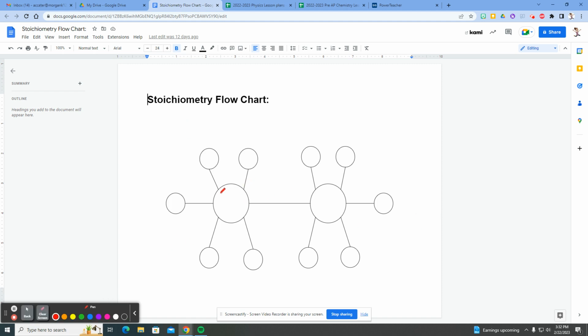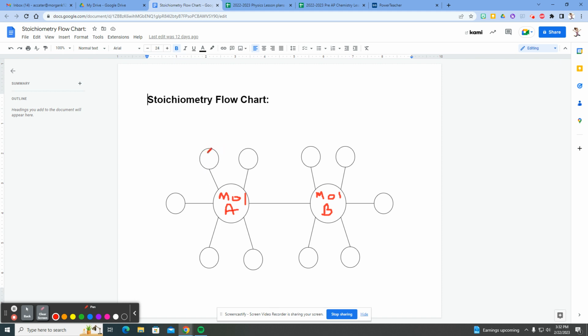Okay, so the middle big circles, this is going to be moles of compound A, and this would be moles of compound B. All of these are going to be our different things that we can start with, our different givens. This should be like a roadmap to show us how to go from one thing to the other.